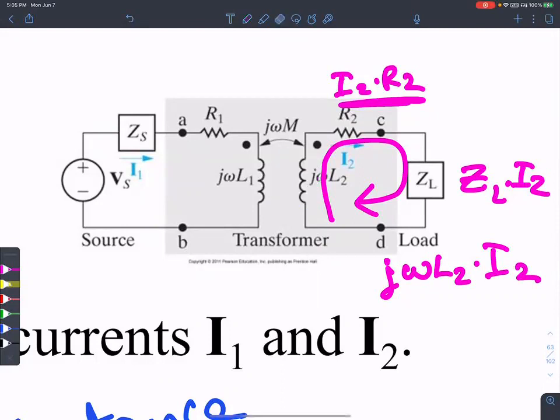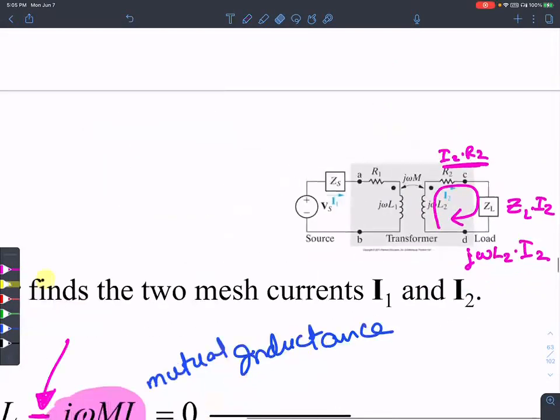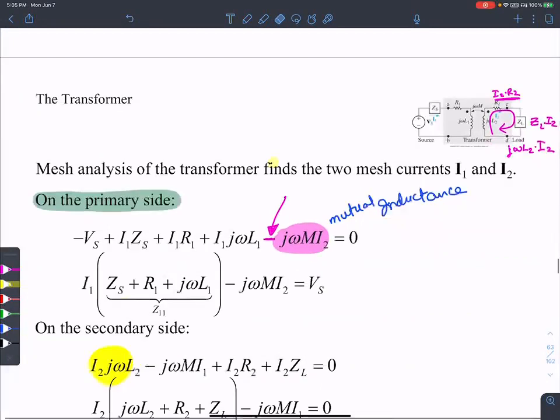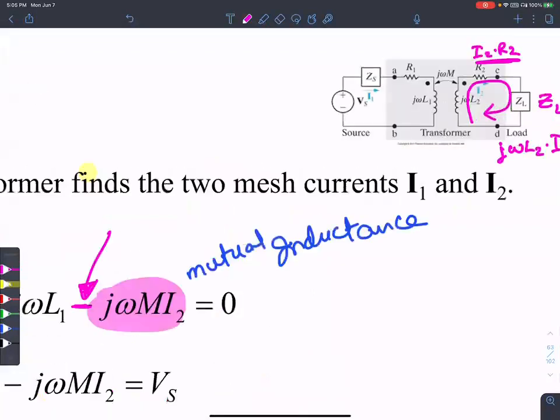So you want this to be positive and negative. Following the direction of the current, j omega L2 I2, I2 R2, and I2 ZL are all in the direction of the current.